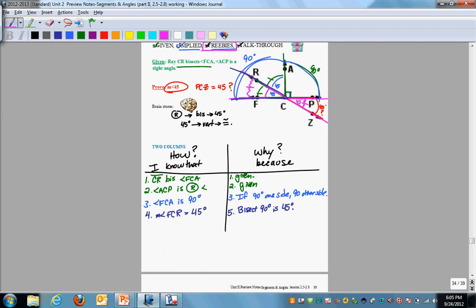Now we have to connect what we're trying to connect. We're trying to somehow connect PCZ. So step 5, I can say angle FCR is congruent to PCZ. And the reason for this is because they are vertical angles, and all vertical angles are congruent.